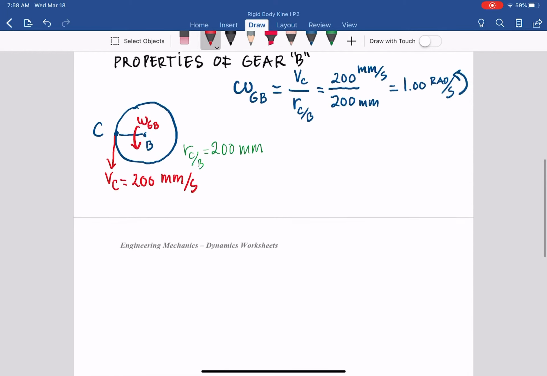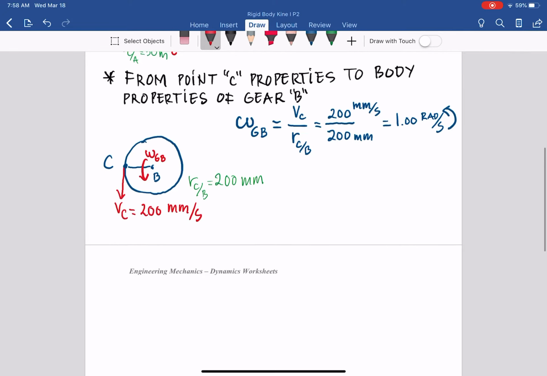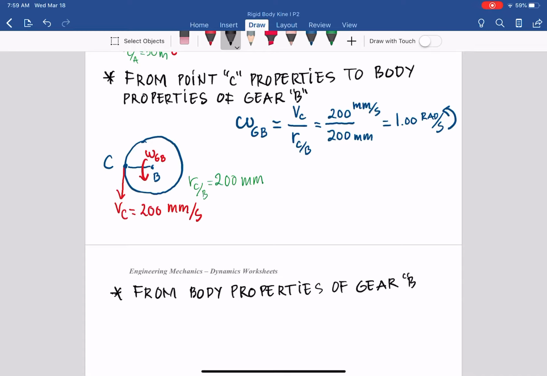The next step has to move to the point properties, from body property of gear B, we just found omega of gear B, to point property.